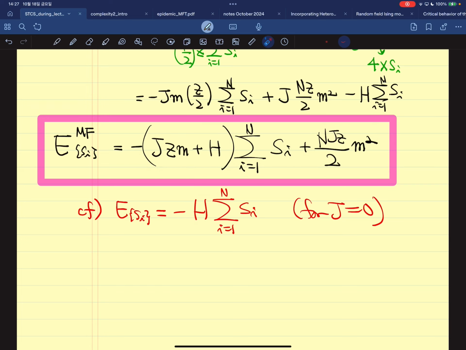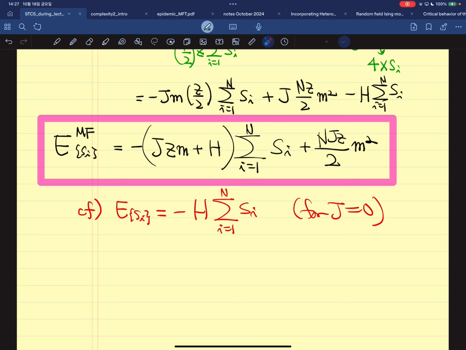But one tricky thing is that there's an m variable here, and this m is an average magnetization. But average magnetization is calculated from the partition function, which is calculated from the energy function.